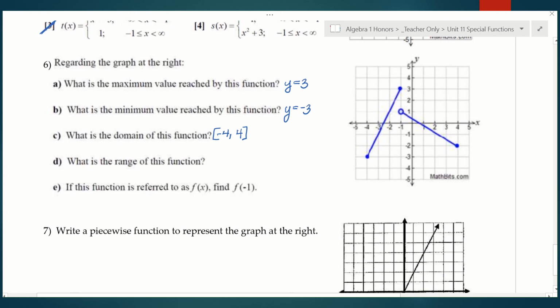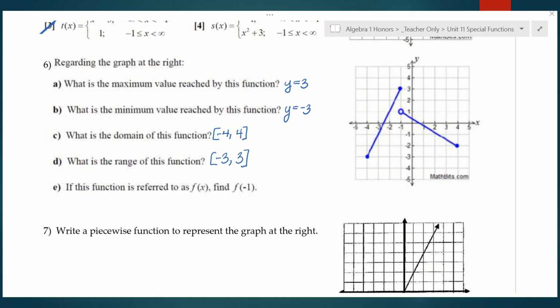What is the range of the function? So the lowest this function goes is -3, including it, because there's a point there. And if I continue to go up, the highest my function goes, there's no gaps, is +3, again including it. If this function is referred to as f of x, find f of -1.